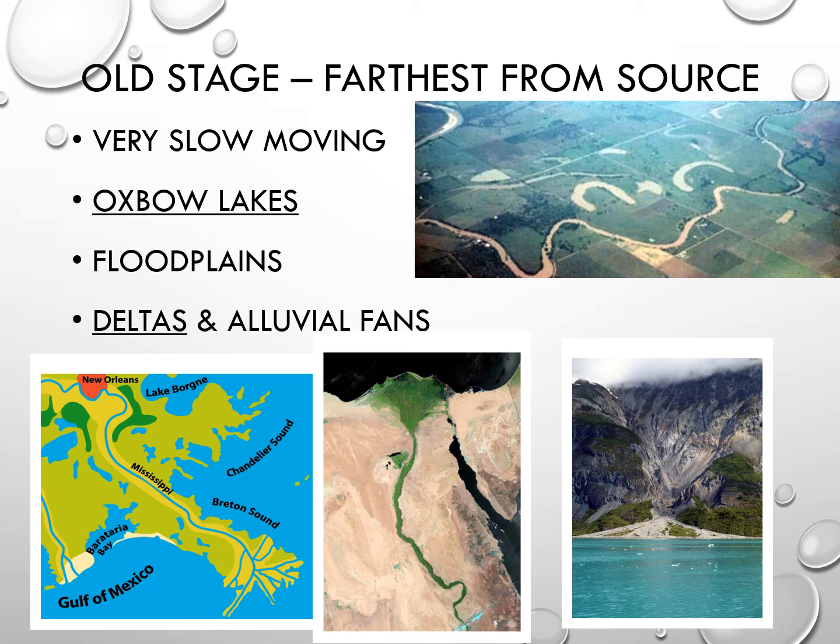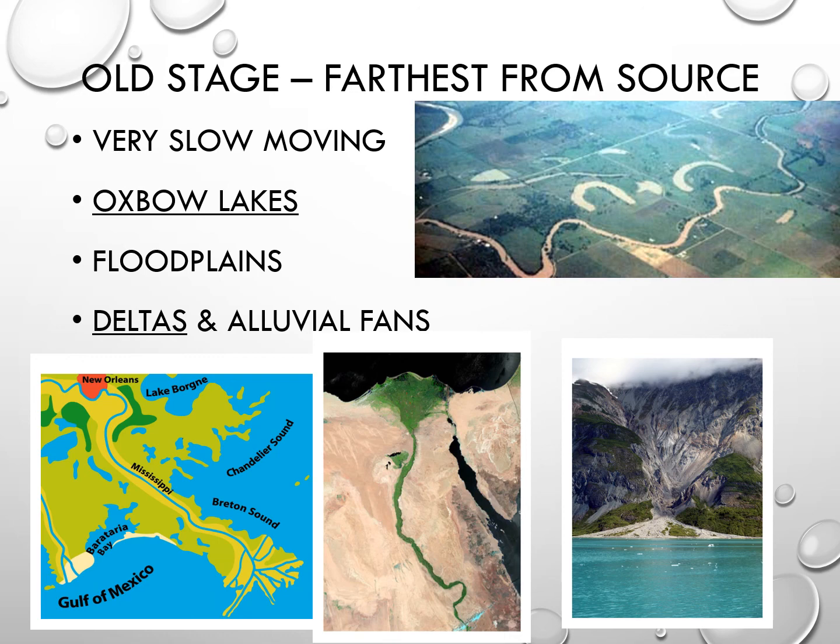You're going to have floodplains on either side of the river, and when the river is in flood stage, those floodplains can be covered with water. And you're also going to end up with deltas and alluvial fans. These are depositional features that happen when a river meets a larger body of water and it deposits all that sediment that it's been carrying.